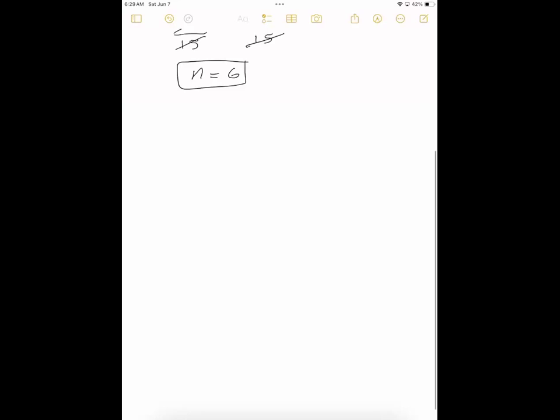The next problem is 6 over a minus 3 equals 4 over 3. So for this problem, we have letter A, which is the unknown, in the denominator.